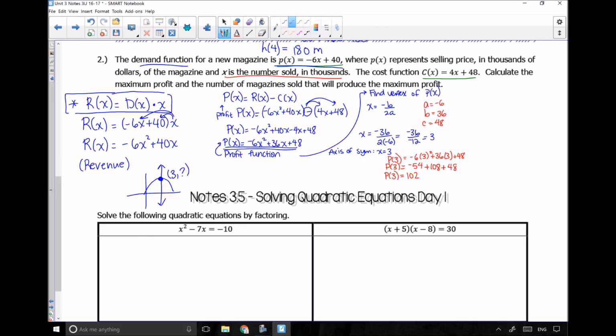Therefore, the maximum profit is $102,000, and this will occur when 3,000 magazines are sold.